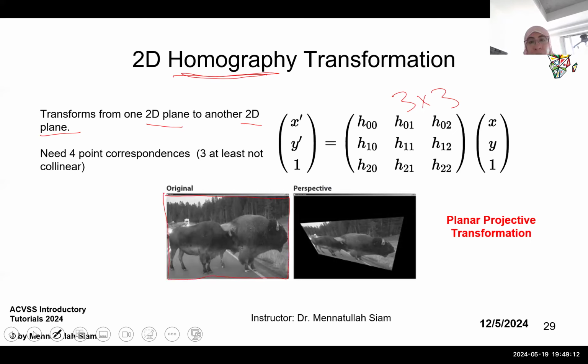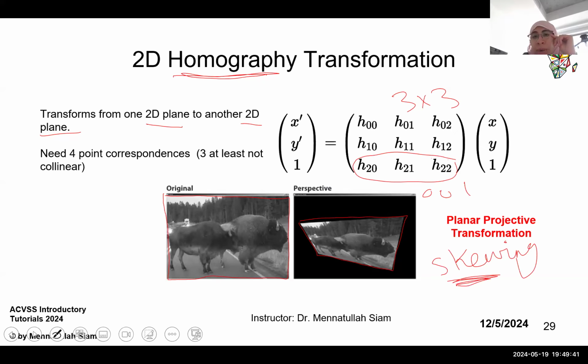So from this original 2D plane, you can take it to another 2D plane. And you can see that it's not just simple stretching or shearing, it goes beyond the affine. So you see here, this row is not 0, 0, 1 anymore, like the affine. This is because it includes other perspective transformations. Like it can have this skewing effect. This can only be obtained by what we call homography.